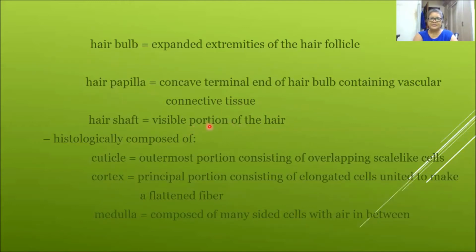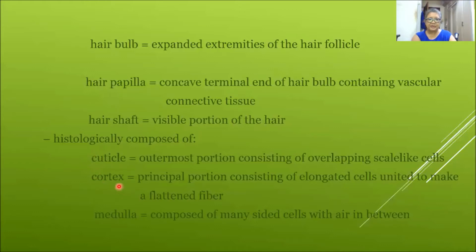Then what is visible of the hair will be the hair shaft. Histologically, the hair is composed of the cuticle. This is the outermost portion consisting of overlapping scale-like cells. So this is the part of the hair which is affected when you have split ends.